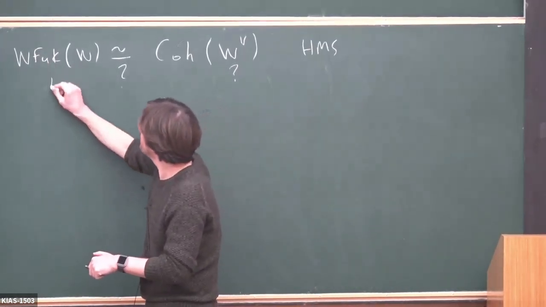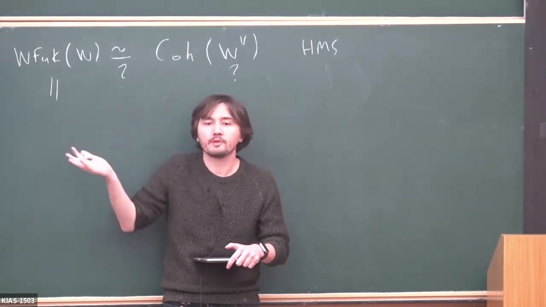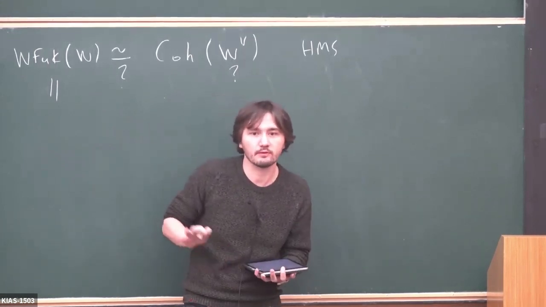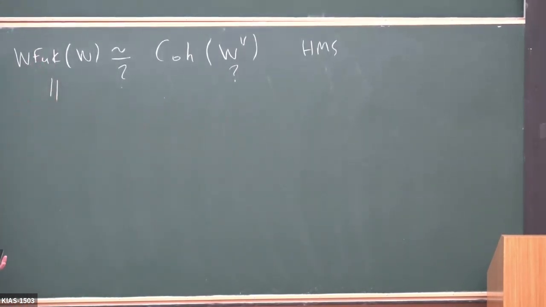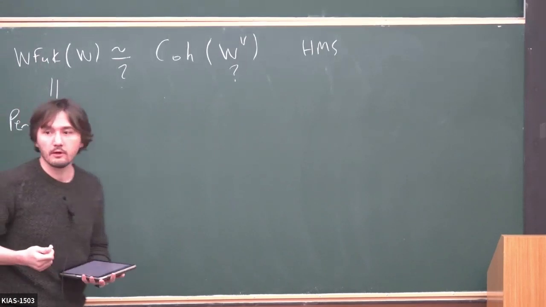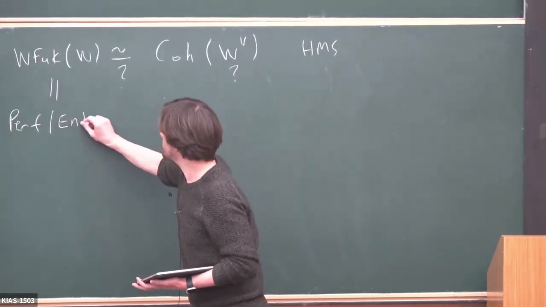And so what kind of computation do we do here? I should say what computation means here. Because I actually want to compute this Fukaya category. So I want to express it like perf of some endomorphism algebra of some Lagrangian.